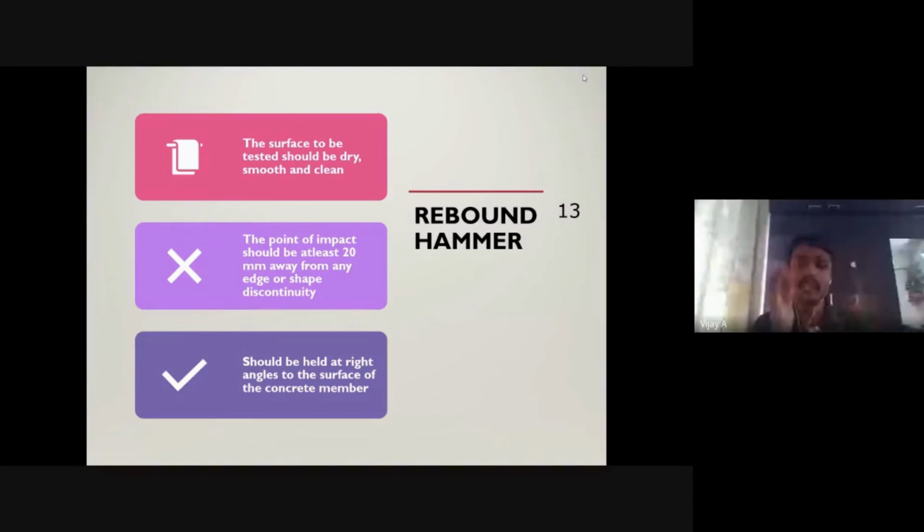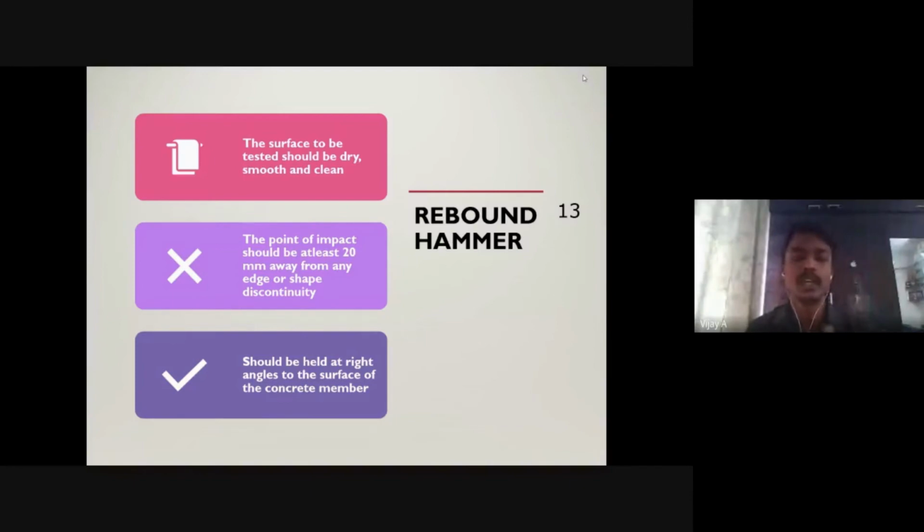And the equipment, the rebound hammer, should be held at right angles to the surface of the concrete member. Okay, so exactly, you are going to clean the surface and you have to make it perpendicular. So at right angles it should be kept.